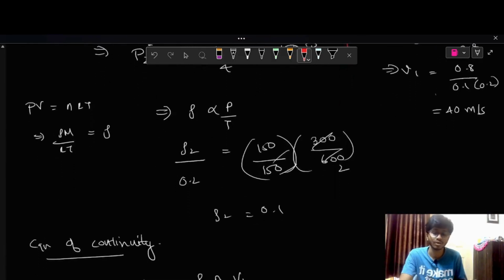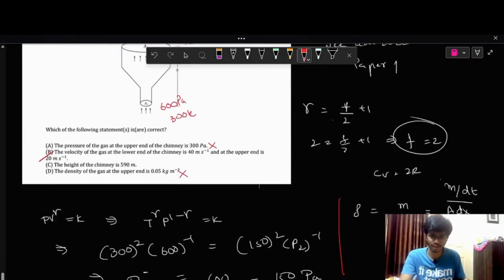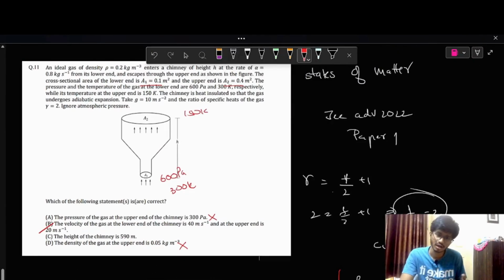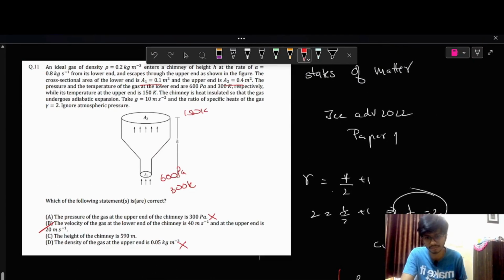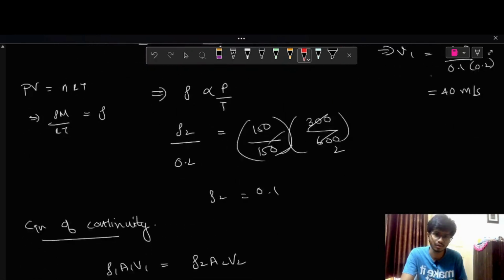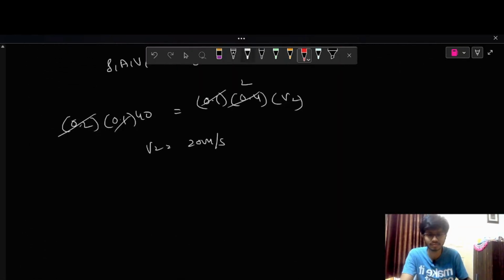Now for the height of the chimney, let's use the energy approach. The work done is equal to delta K plus delta U plus the internal energy change. Work done is P1A1 dx1 plus P2A2 dx2.